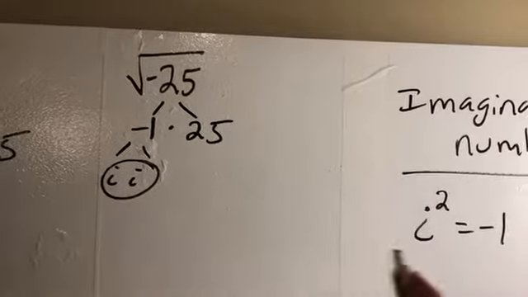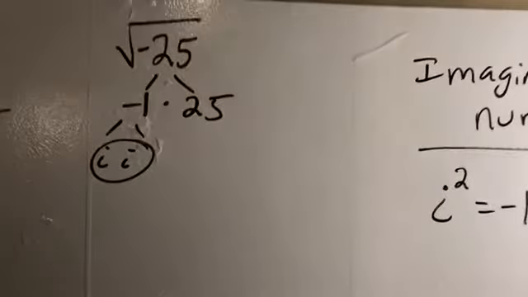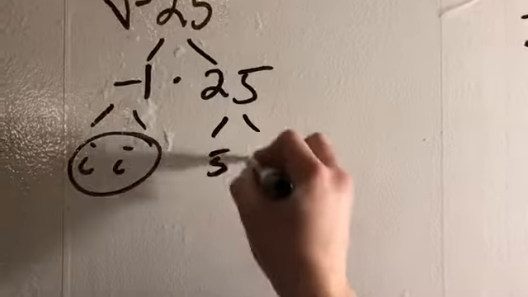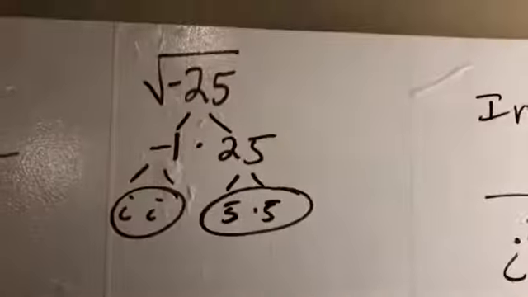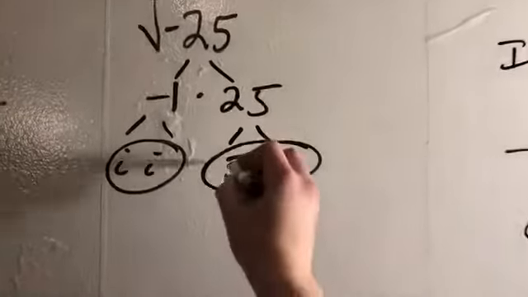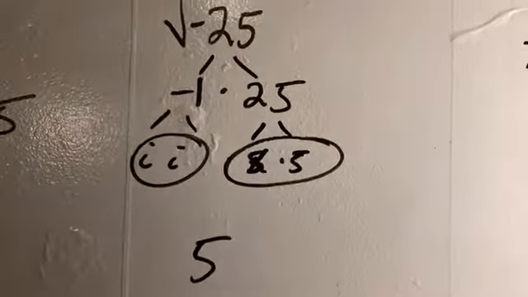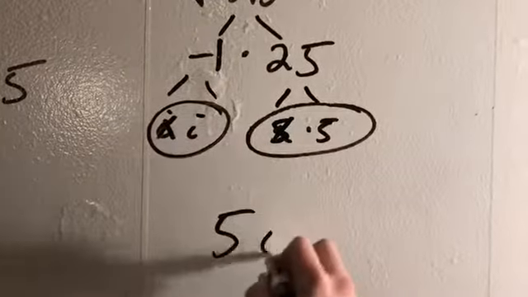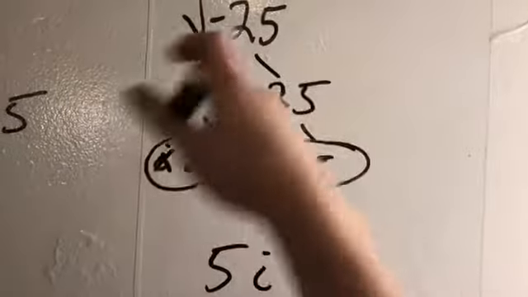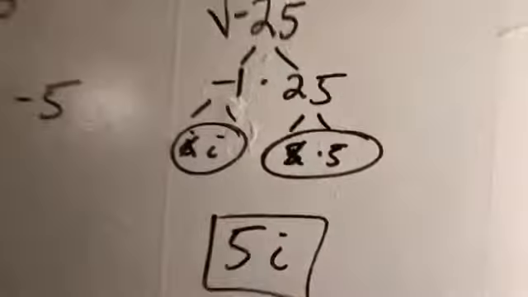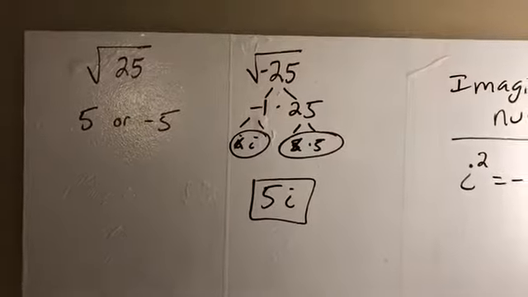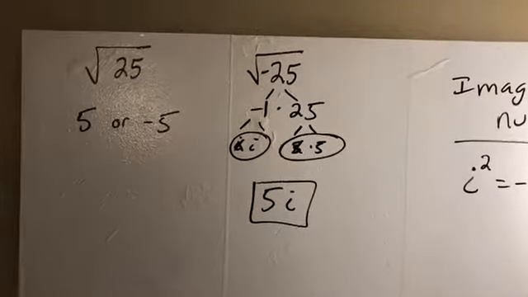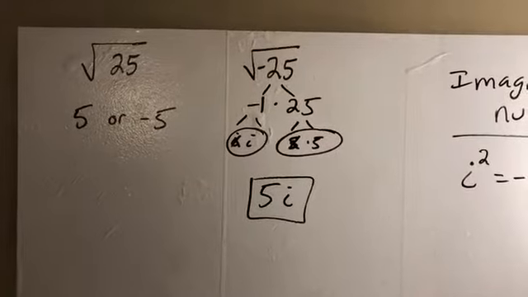Then we have 5 times 5 here. So with the El Chapo method, 1 5 dies, 1 5 escapes, 1 i dies, 1 i escapes. There's nothing else underneath. That is technically my final answer for the square root of negative 25. You get 5i. It's an imaginary number.